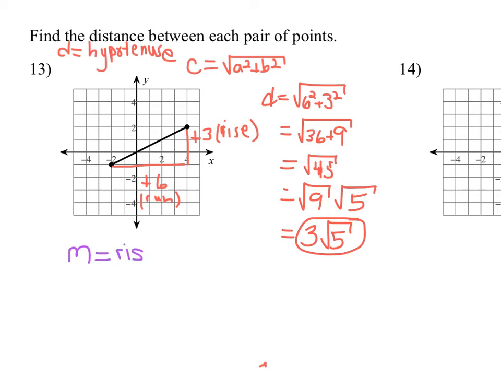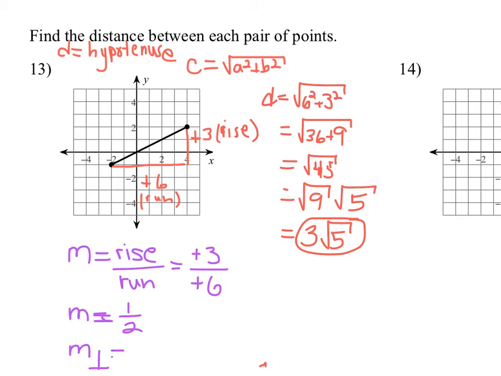So first of all, if I want to find the slope of this particular line, remember that is rise over run, and I've already identified those on my diagram. My rise is positive 3, and my run is positive 6. So the slope in this case, if I were to simplify it, is going to be 1 over 2, or 1/2. And so the last piece that I need to make sure I know is if I wanted to know the slope of a perpendicular, or in the context of our geometry work here in lesson 8.3, the slope of the altitude that I would be looking for, it's going to be the opposite reciprocal, remember.